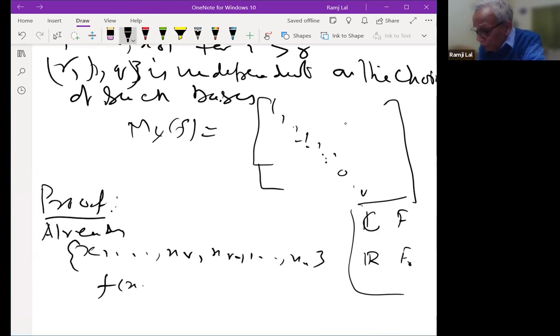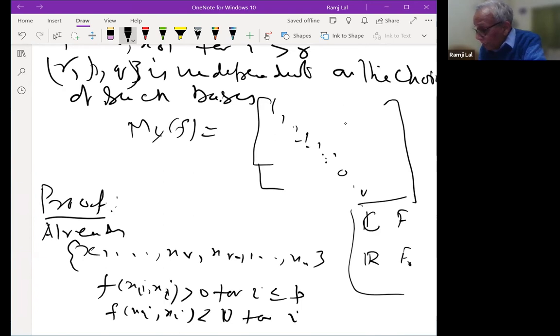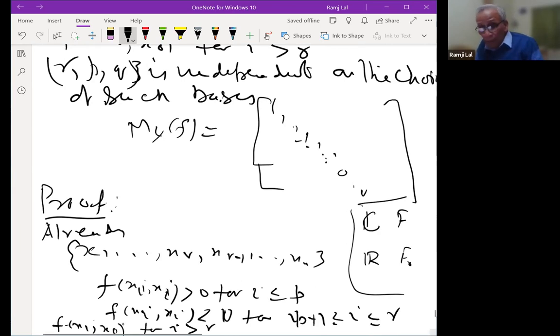So you can have f(xi) greater than 0 for i less than or equal to p, f(xi) less than 0 for p plus 1 less than or equal to i less than or equal to r, and f(xi) is 0 for i greater than r. So that is the situation here.